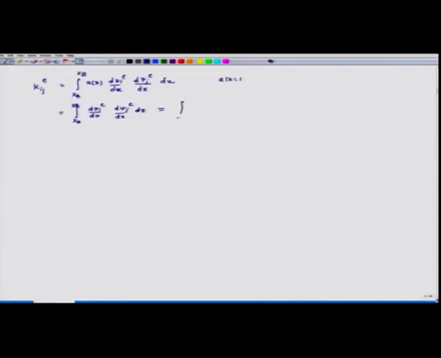So, the first thing is I change the limits from -1 to +1, then I express d psi i as a function of zeta, d psi i over d zeta times j, and then d psi j as a function of zeta over d zeta times j, and dx is j d zeta.